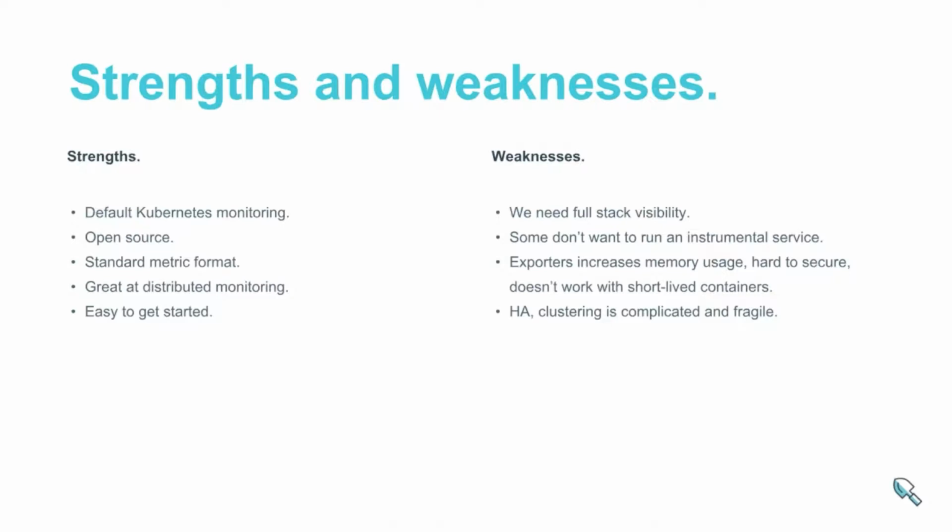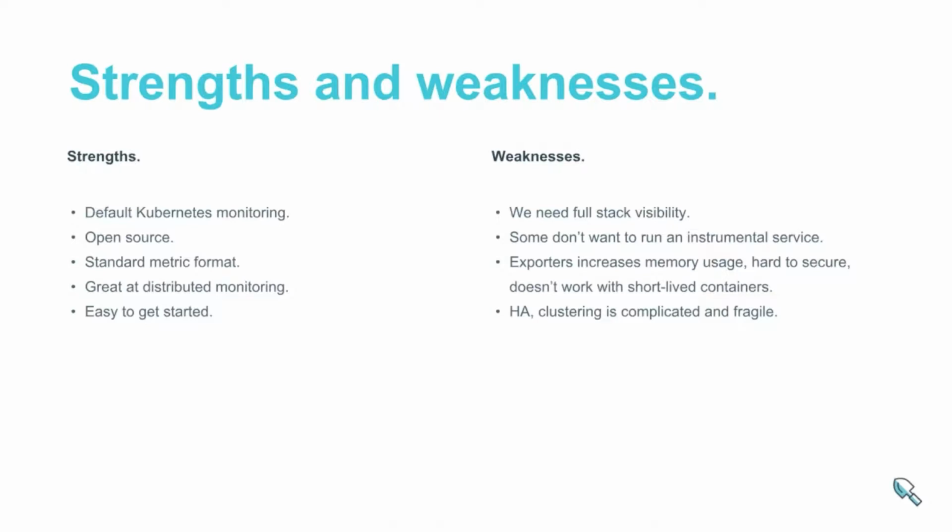But as we move more into production, as we have more applications, more infrastructure, and more people using containers and Kubernetes, some weaknesses or additional needs start to arise. For example, we need a full stack visibility tool so we can see not only metrics from Kubernetes or only metrics from the host, but include all the observability end to end. Some people don't want to run their own monitoring solution. They don't want to build it themselves.